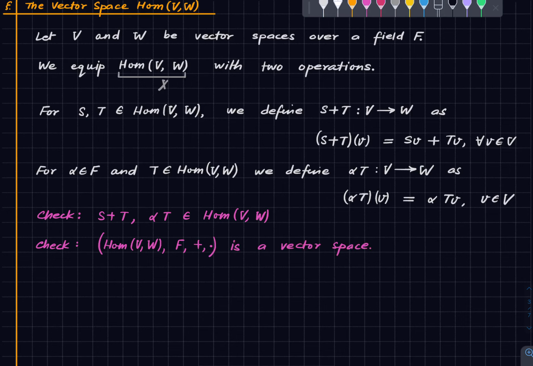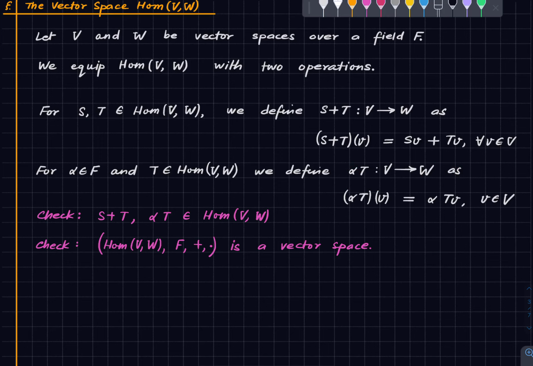So here the plus, of course, picks two things here and adds them in this way. And by dot we mean the scaling as defined here. We haven't used the dot here, but it is understood. Okay. So this is how we endow this with a vector space structure.